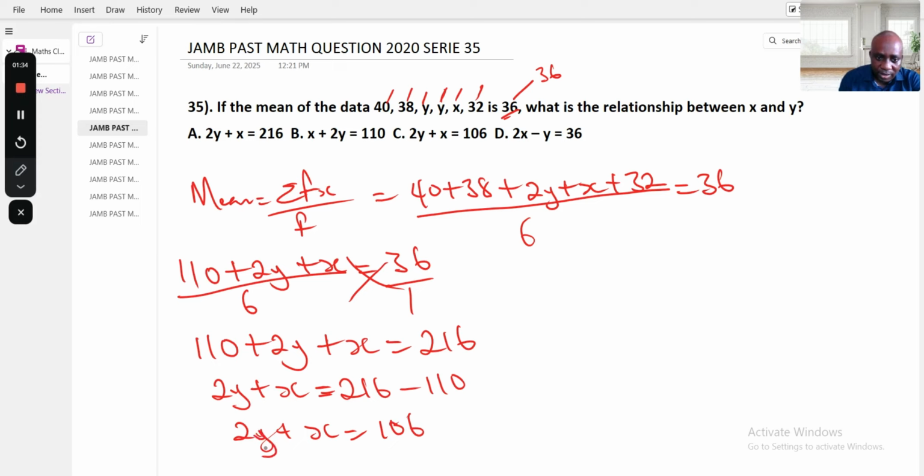Our final answer is 2y plus x equals 106. Do we have this answer here? Yes, 2y plus x, 106. Our final answer is what? C. Let's move to the next question.